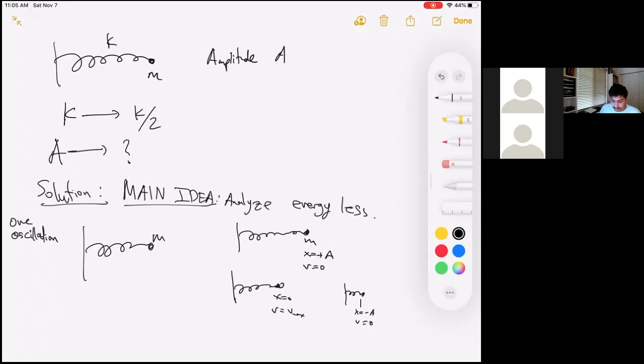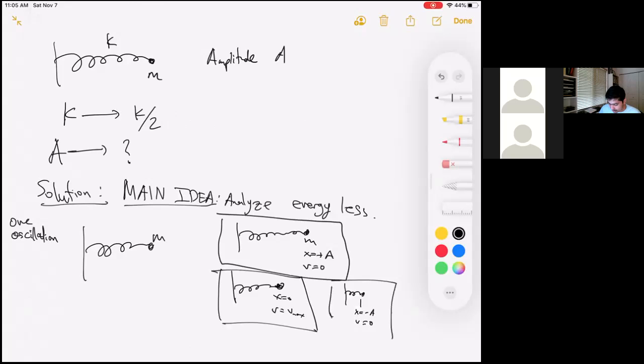And one thing to realize is if the spring constant decays a little bit in this situation, then a lot of energy will be lost because all the energy right now is stored as spring potential energy. If the spring decays at this state, no energy is lost because the spring is not storing any energy right now. All the energy is stored in the kinetic energy of the mass. And in this situation, again, the energy is stored in the spring, so we'll lose energy.